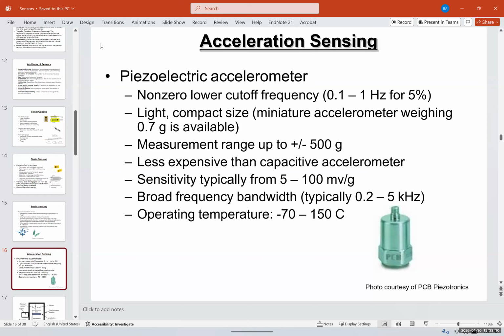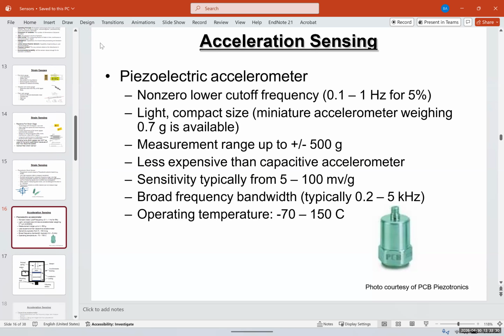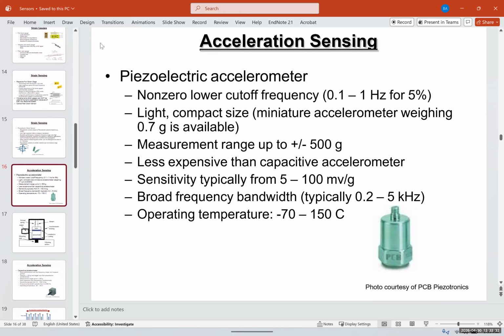The measurement range is up to plus or minus 500 G, which is great. And it's less expensive than capacitive accelerometers. The sensitivity is typically from 5 to 100 millivolts per G. The broad frequency bandwidth is typically from 0.2 to 5 kilohertz. And the operating temperature is negative 70 to 150 degrees Celsius.